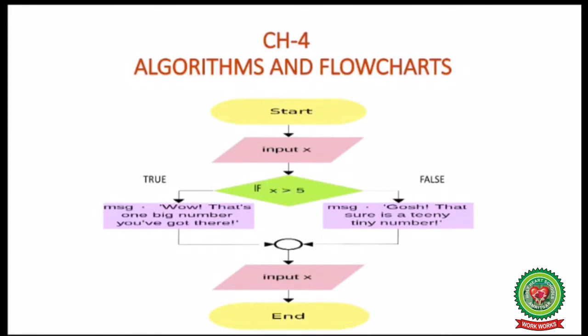And if this condition is false, then you get the message, "Gosh, that sure is a teeny tiny number." So this is the first part of the flowchart. In the second part, we have written input x and then end. Now these two parts are connected with the help of the on-page connector.